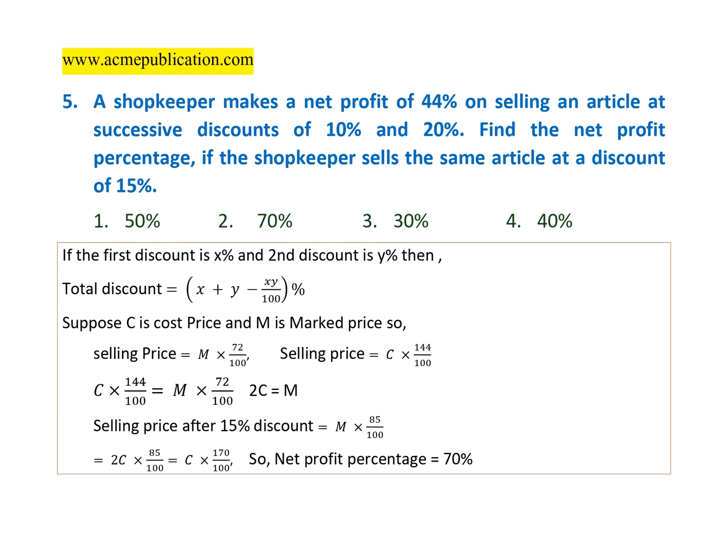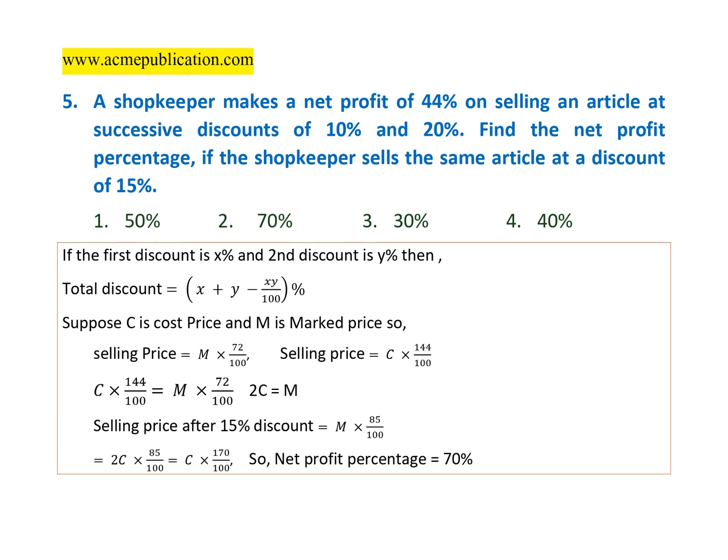So suppose C is the cost price and M is the market price, we will get selling price is equal to M multiplied by 72 by 100 and selling price will be C multiplied by 144 by 100. Now solving this, C multiplied by 144 upon 100 is equal to M multiplied by 72 by 100.